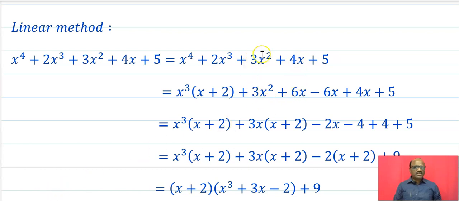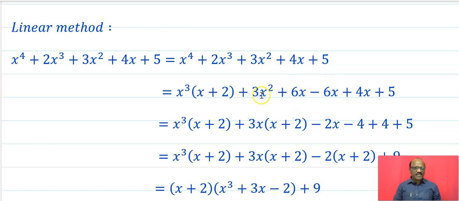Now I will consider this 3x square. From this 3x square I will take 3x as common. Now what term should I adjust so that in the bracket I will get x plus 2? So I had written here plus 6x and minus 6x.